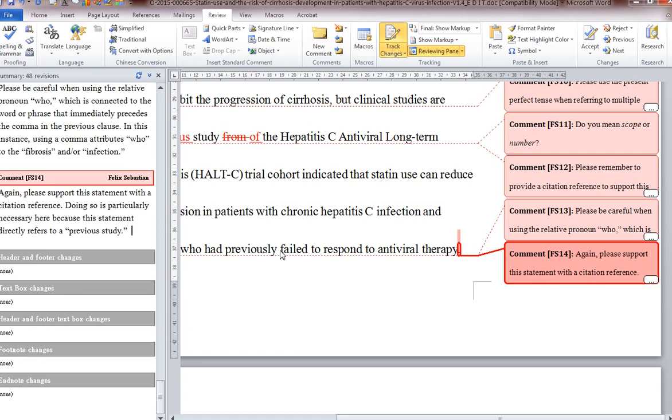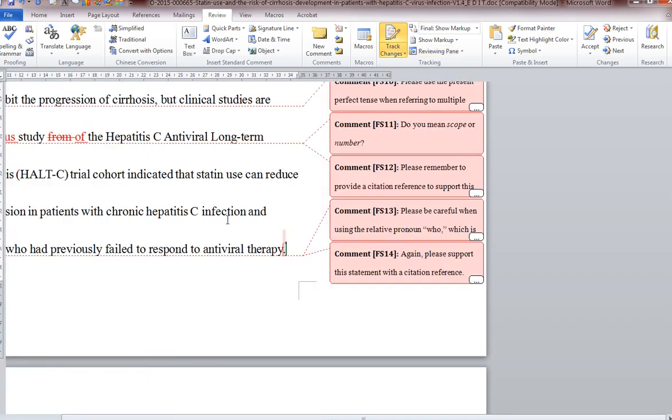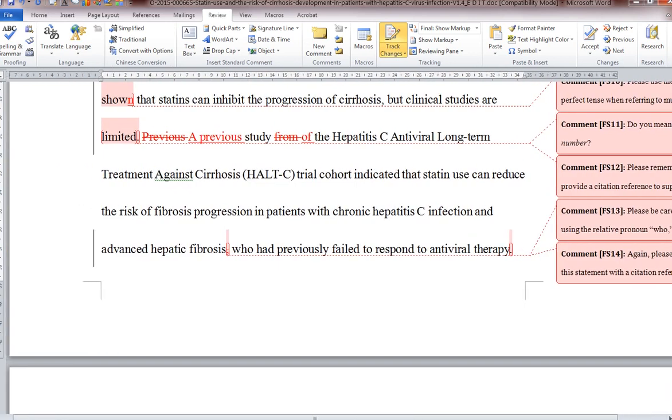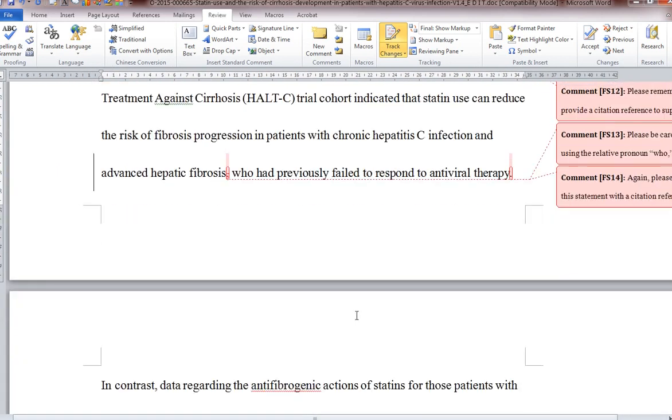I want my comments to reflect the fact that I am paying attention and that I do know what I have stated previously. The final sentence here, doing so is particularly necessary here because this statement directly refers to a previous study. Again, I believe the author already knows this, but just want to be thorough and as helpful as possible.